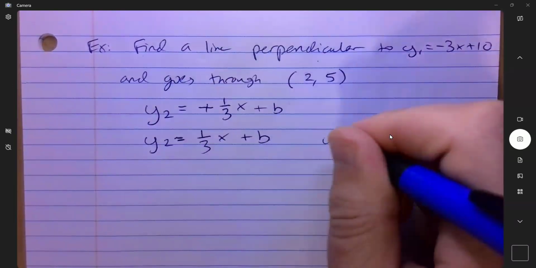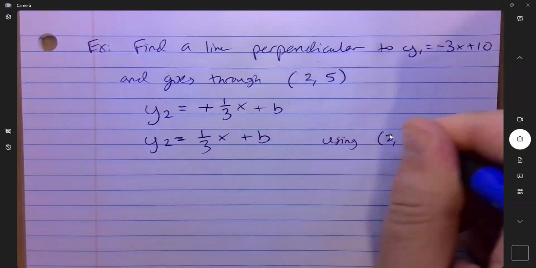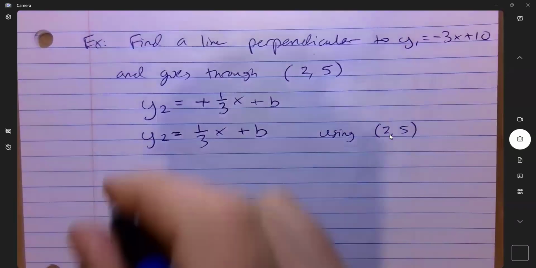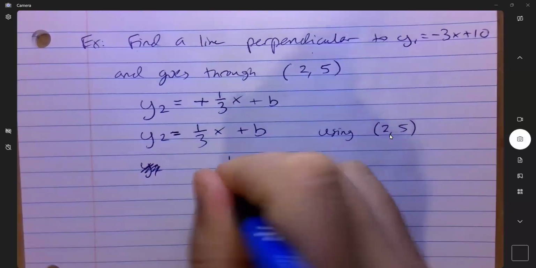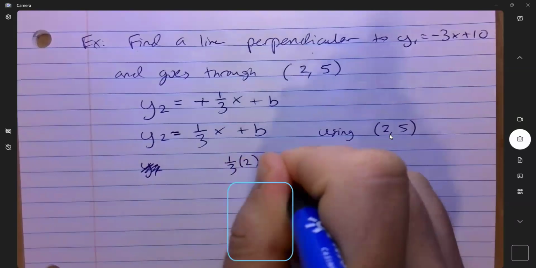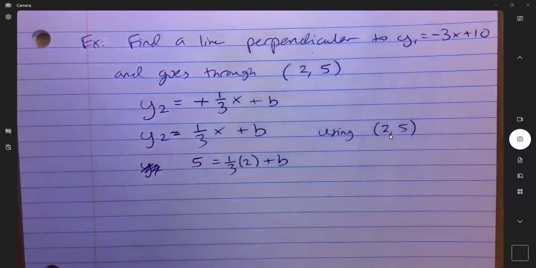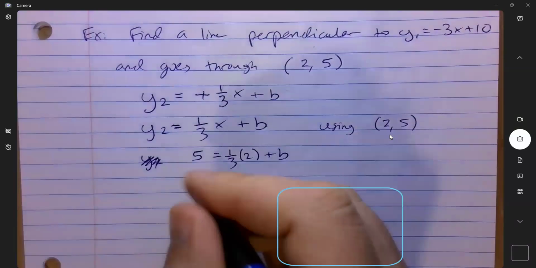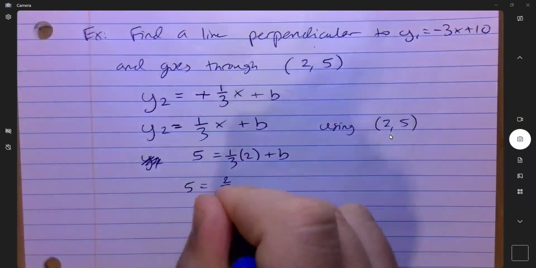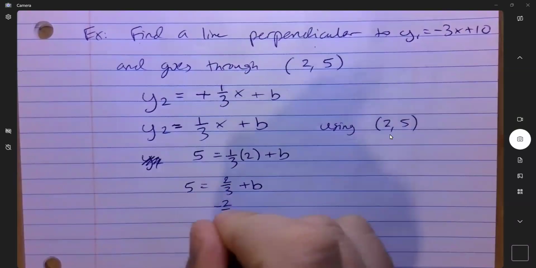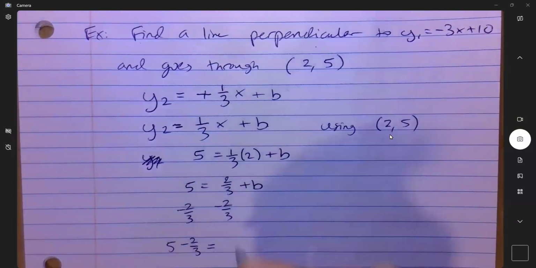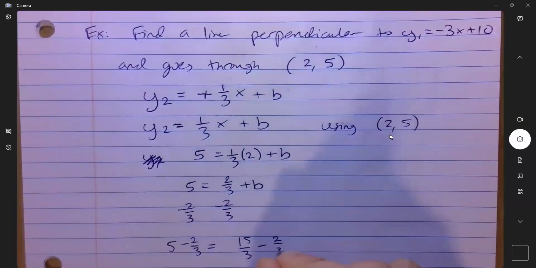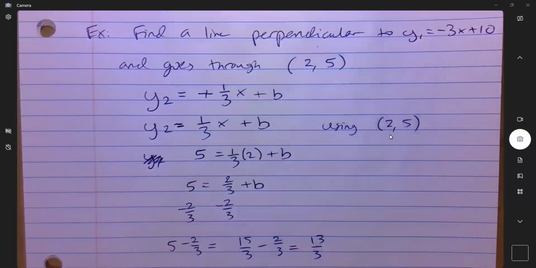And I can find b by using the point 2, 5, because I know that when x is 2, y is 5. So I get 5 equals 2/3 plus b. Subtract 2/3 from both sides. Use what I know about fractions. 5 minus 2/3 is 15/3 minus 2/3, which is 13/3.